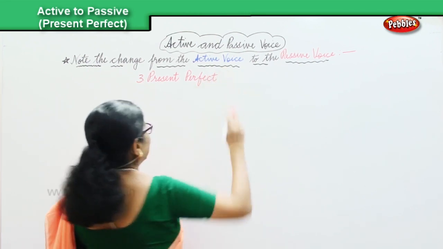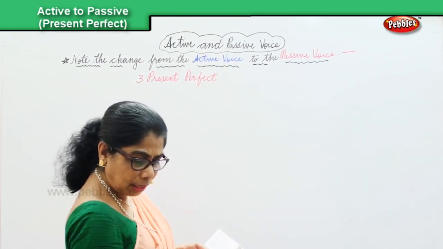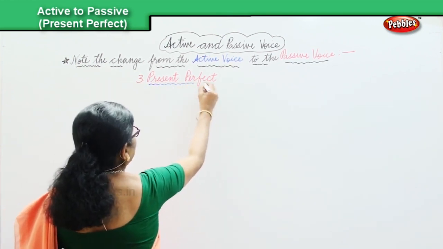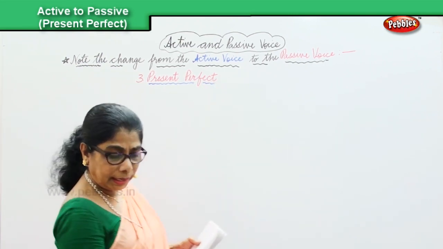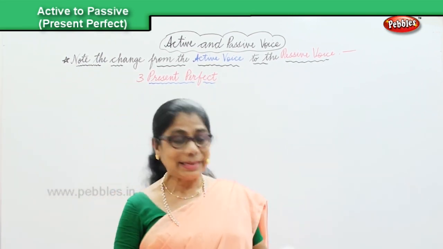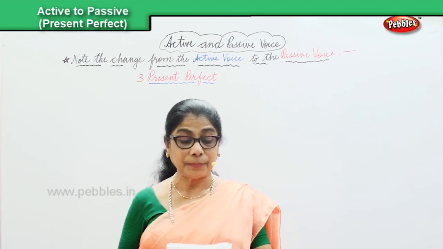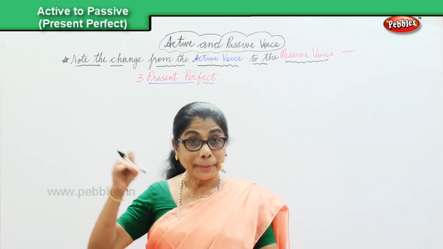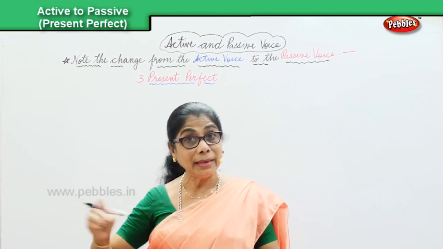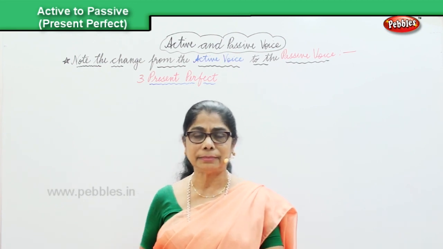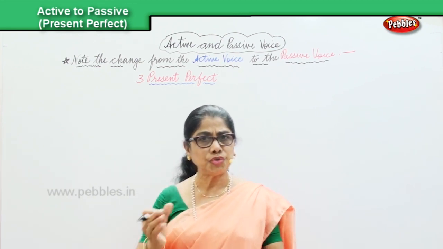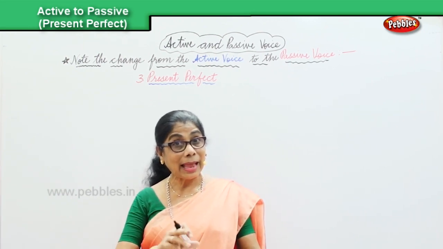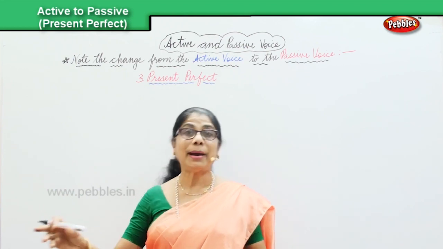In the present perfect sentences, we're going to look at the changeover from the active into passive. Let's look at some sentences. The first sentence I have here is, Ashok has written this letter. Present perfect. Ashok has written this letter. And then when you change into passive, this letter, present perfect, has been written by Ashok.